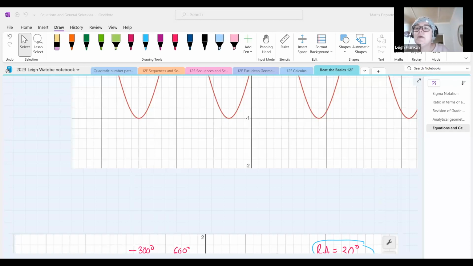I wonder if we maybe shouldn't make it even bigger than that. Let's go down to minus 720 and let's go up to 720, and then you can see a lot of it.